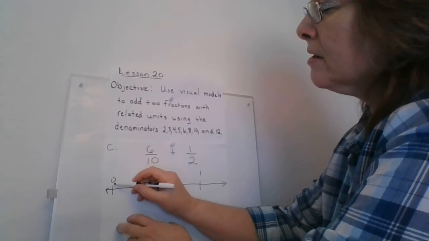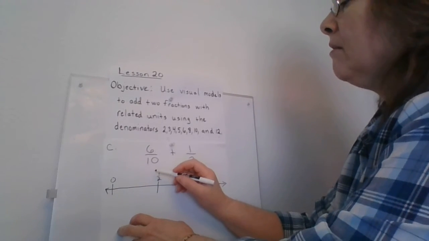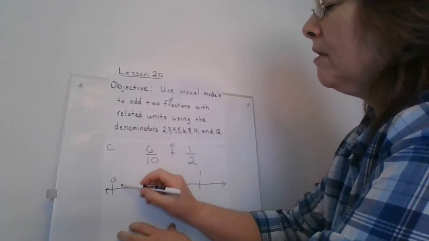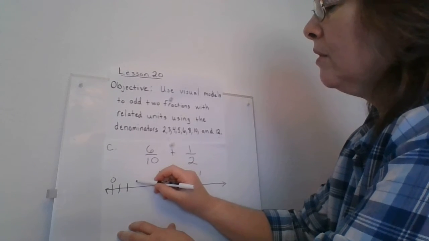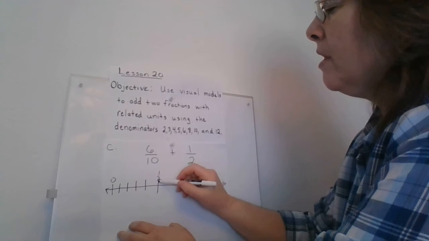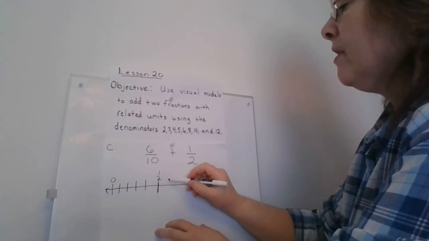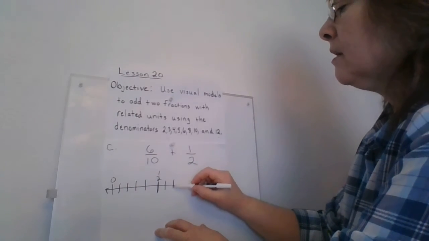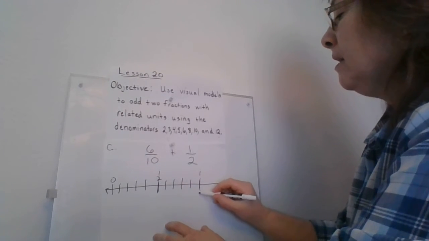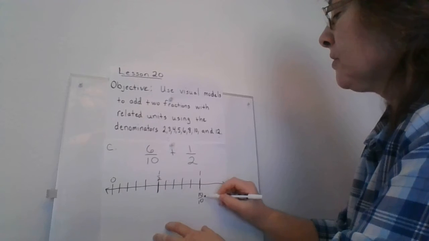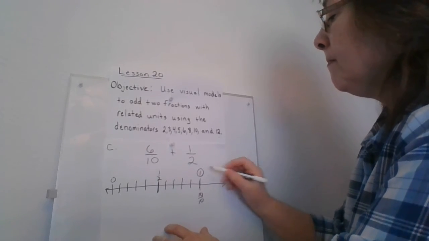So I'm going to start, remember, 1, 2, 3, 4. This would be 5, 6, 7, 8, 9, and 10. This would be 10/10 or 1 whole.